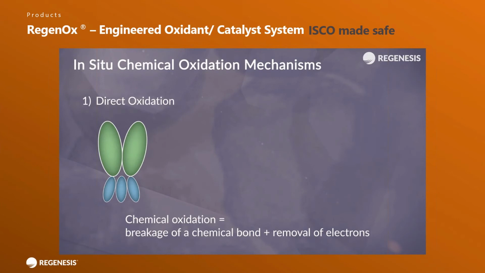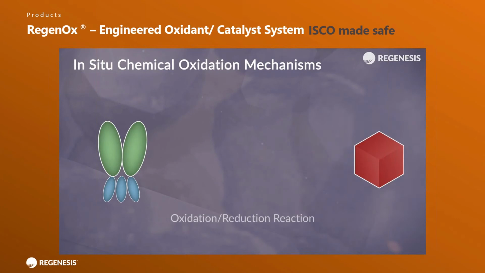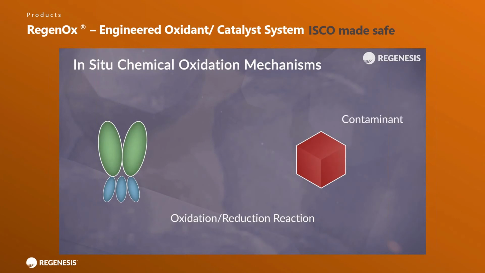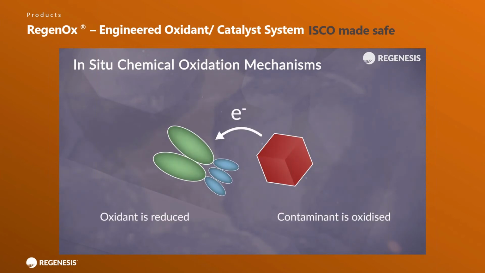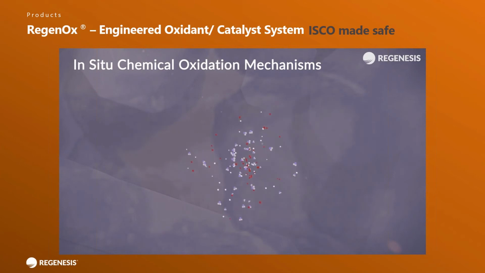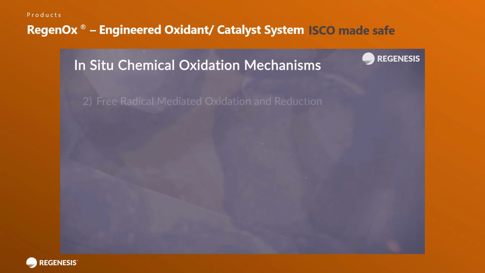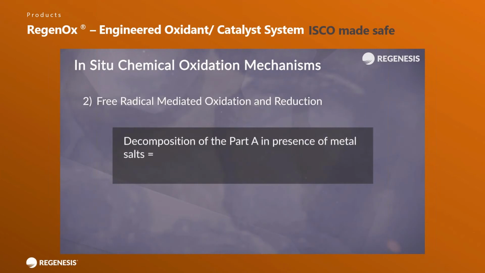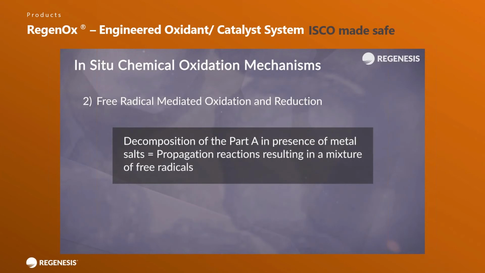In terms of the oxidation mechanisms, there are three primary ones. This is where the oxidant makes direct contact with the contaminant. That exchange of electrons then breaks apart chemical bonds and destroys your contamination in situ. Similarly, the propagation of free radicals, so the part A in the presence of ambient salts and metals will start to degrade and produce these free radicals.